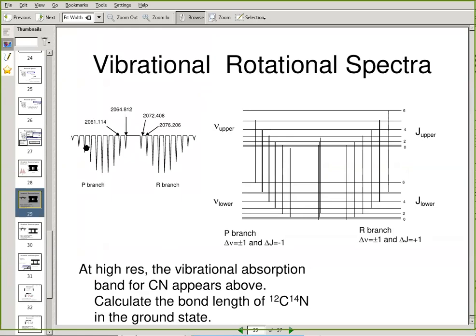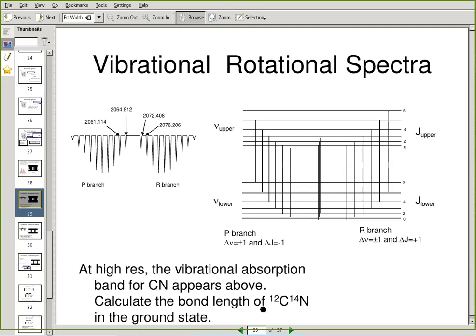What we have is this P branch, which are these jumps over here, and this R branch, which is those jumps over there. The question is, from these we can't directly find out what 2B is, but if we're careful about what we compare with each other, we might be able to extract what B is, the rotational constant, and work out the bond length for CN in this case.